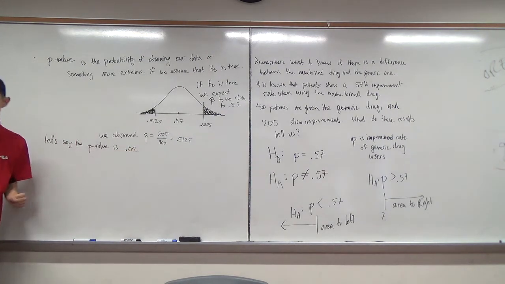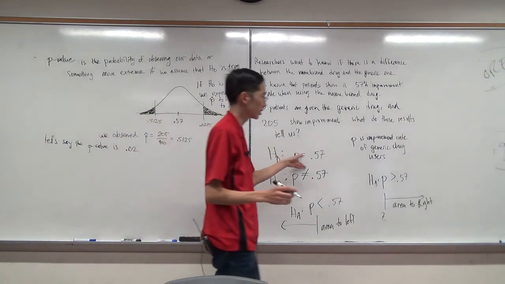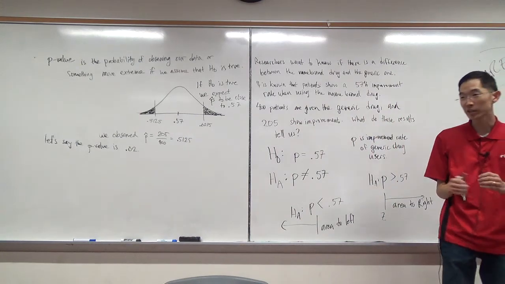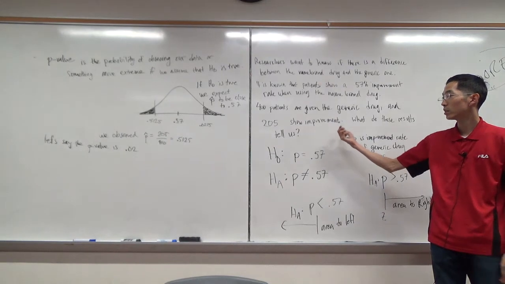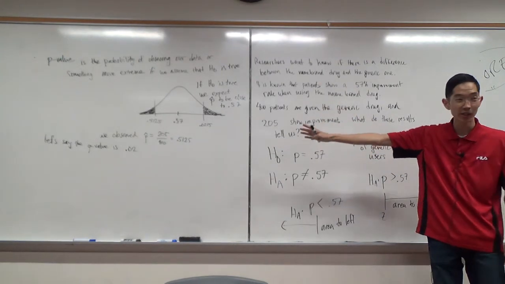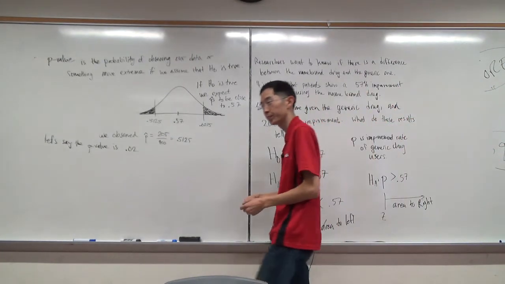Okay, so that means if the generic drug truly has a 57% improvement rate, how often will I get a 51% improvement rate in a random sample of 400 people?